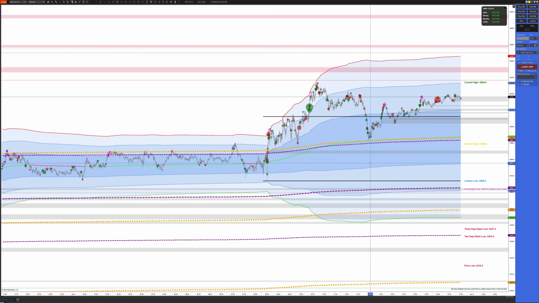And the way that you can use this is you always know how you should be trading for the day. You can tell whether you should be looking for mean reversion to VWAP based on whether it's within the first standard deviation. And if it pops out of the first standard deviation, you know that you should be looking for more directional trend trades until it comes back into the first standard deviation again. So you can see how important VWAP is.